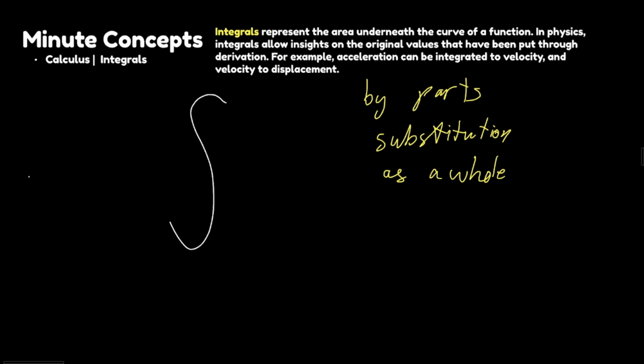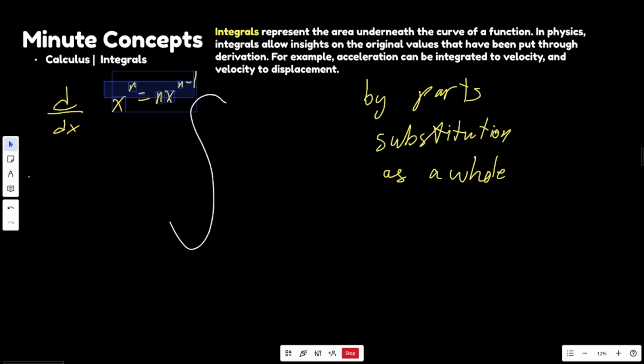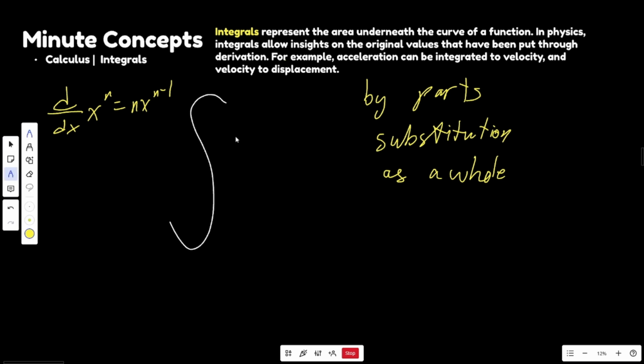Whereas the derivative of x to the power of n is equal to n times x to the power of n minus 1, this is quite literally the inverse. And what does that mean? The inverse is going to be, instead of multiplication, division, and instead of subtraction, addition.